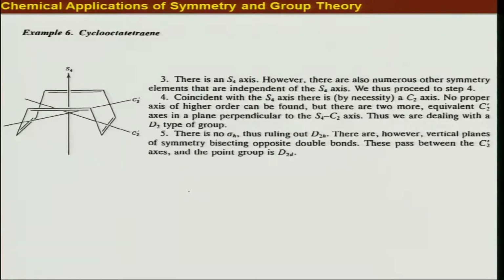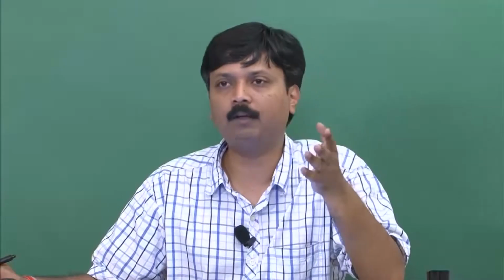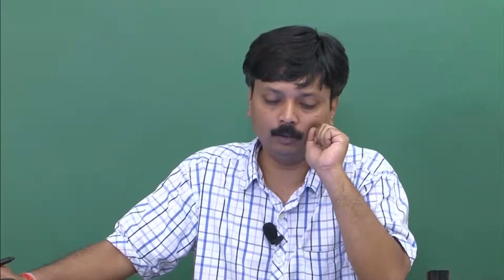That is why in one of the previous classes I mentioned that in order to find out the point group, the first thing you have to do is find out the structure or the shape of the molecule. For that you can use the Lewis structure and apply VSEPR theory and find out the structure and the shape. Then only can you actually visualize the symmetry operations that may exist in those molecular structures.